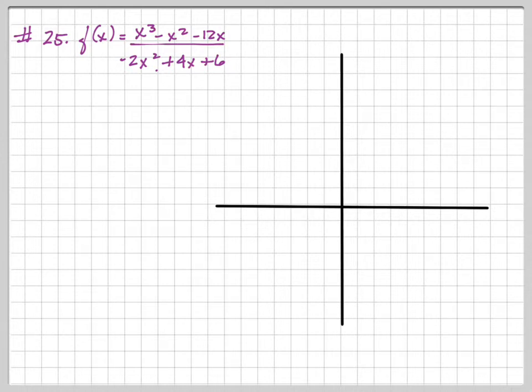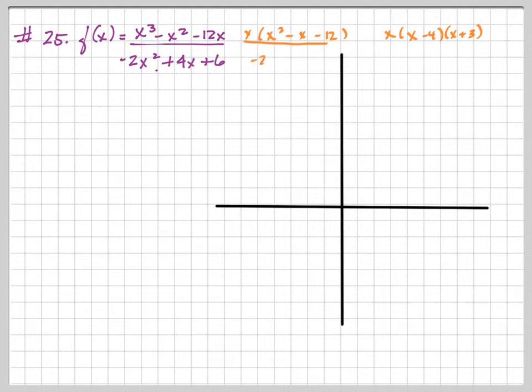So the top one, we're going to factor out an x, and we get x squared minus x minus 12. And that would factor to x times (x minus 4)(x plus 3). And then the bottom would factor to negative 2.